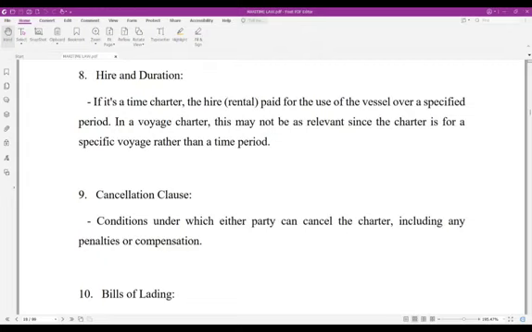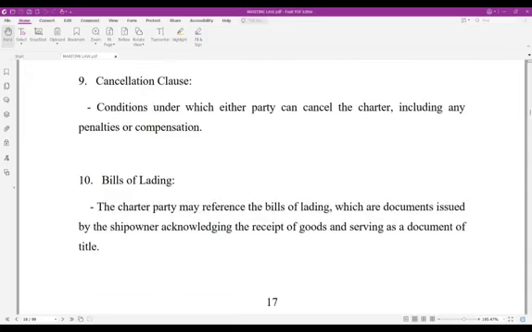We have the bills of lading. The charter party may reference the bills of lading, which are documents issued by the ship owner acknowledging the receipt of goods and serving as a document of title.